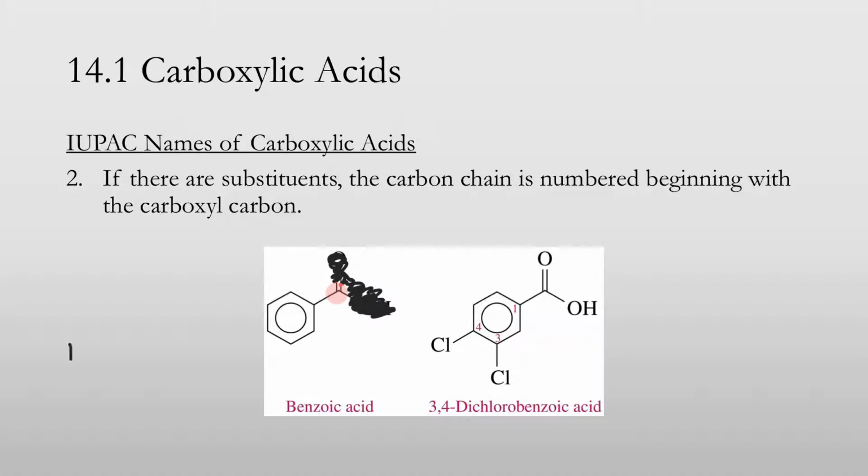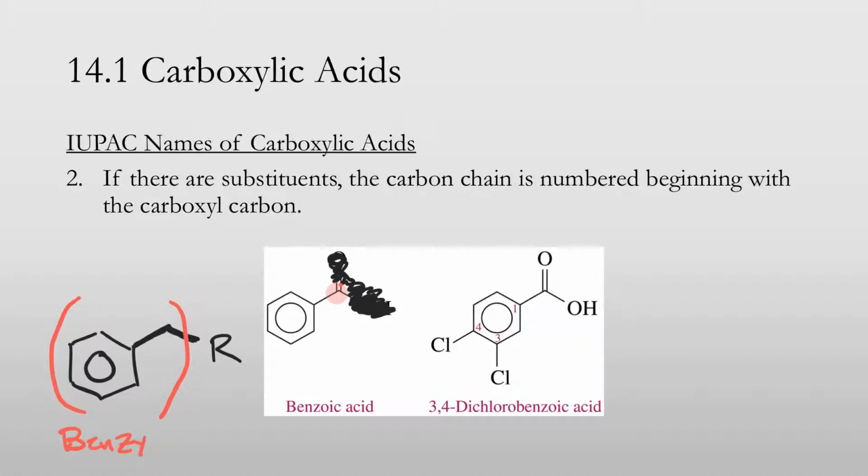This benzene ring with 1 carbon, technically that molecule is toluene, but if we were to have an R group off of that carbon, the portion over here is called a benzyl group, which I mentioned in a previous lecture, and so that's why we call this benzoic acid. Essentially, that whole group, including the carbon, is a benzyl group, so it must be up to there, benzoic acid.